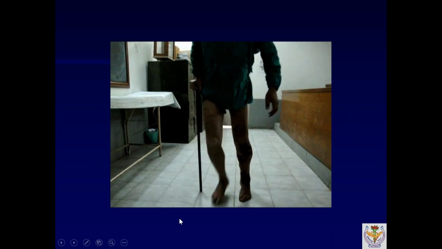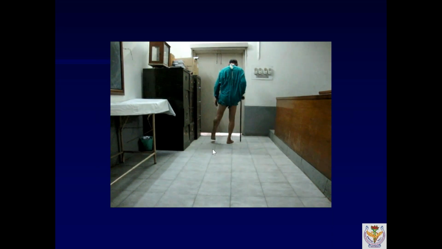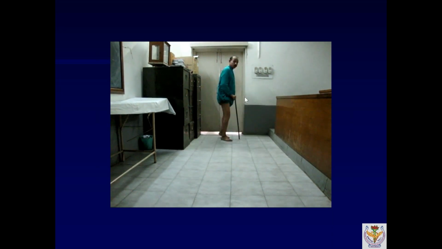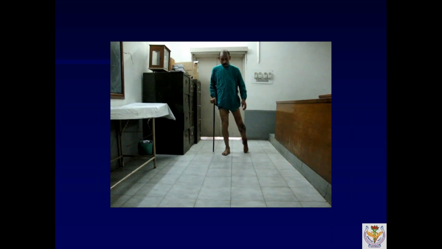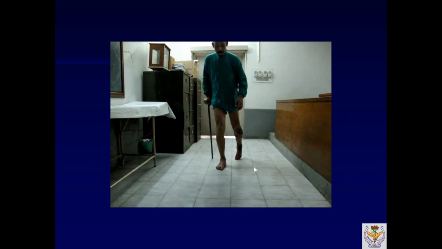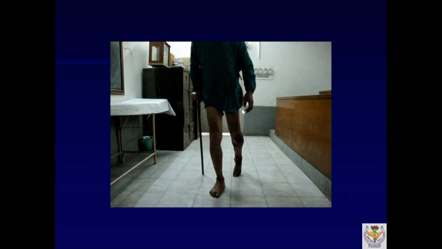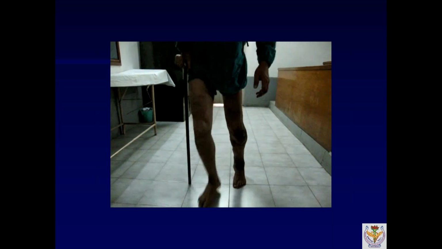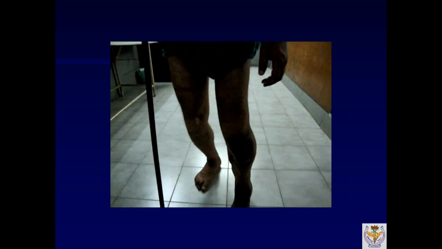So there could be various causes of circumduction gait, even a pretibial muscle weakness, where the tibialis anterior, extensor digitorum longus and extensor hallucis longus cannot dorsiflex the foot, then he can clear the ground by a high stepping gait or a circumduction gait. In fact, it has been seen that circumduction gait is less energy consuming than a high stepping gait. So patients who want to walk faster use a circumduction gait.